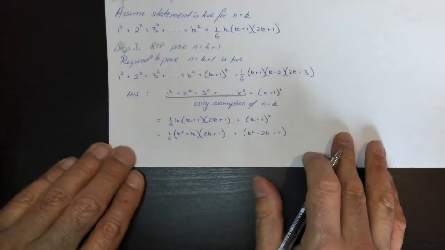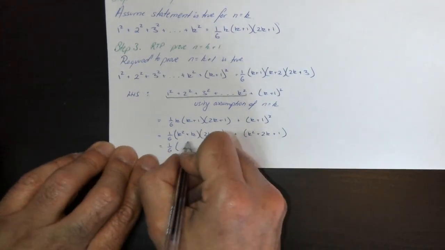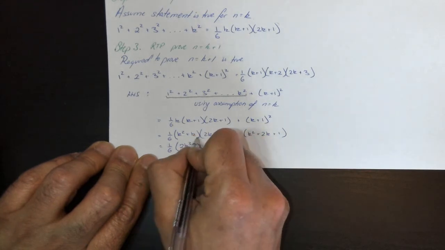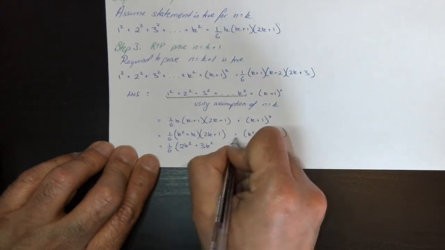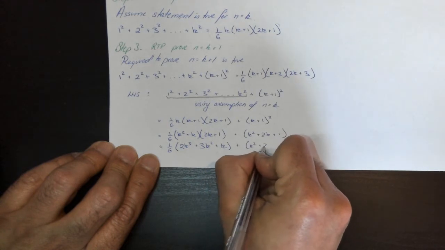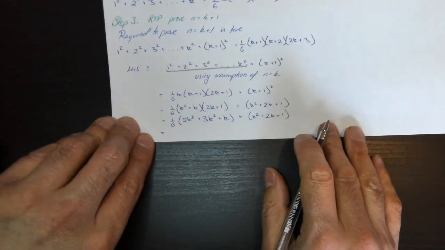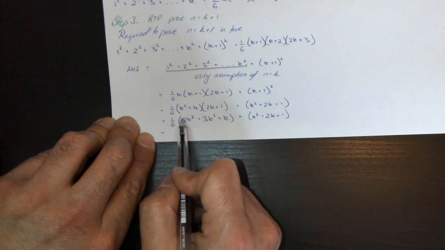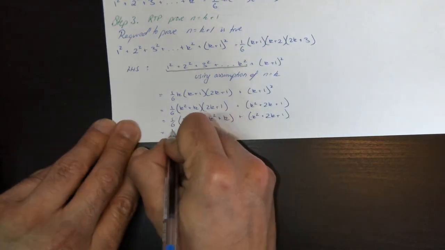Alright, expand this out a little bit more. I get 1/6 of 2k cubed plus k squared plus 2k, plus 3k squared plus k. And if I want to add these two together, this has a factor of 1/6, so I've actually multiplied this all by 6.